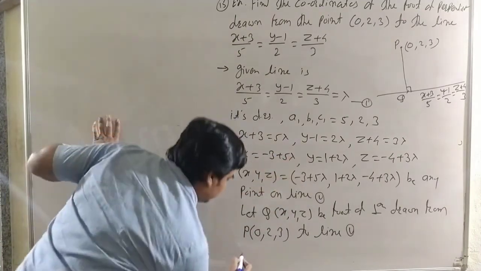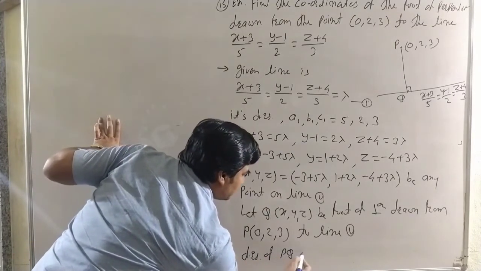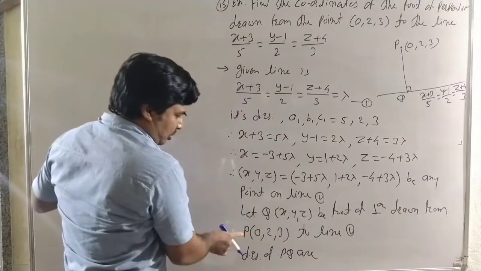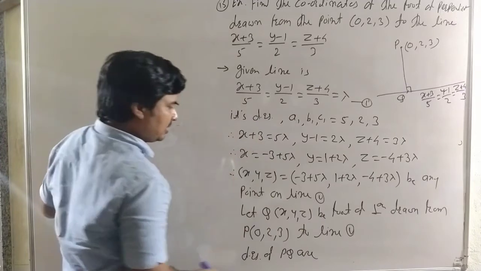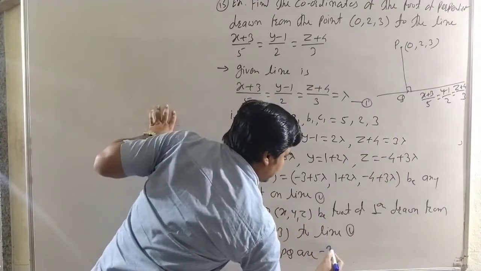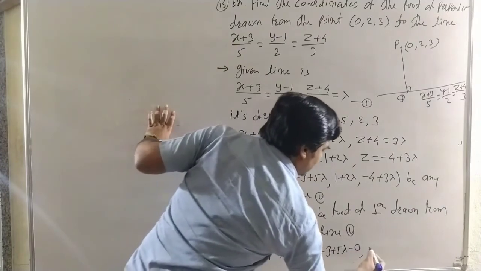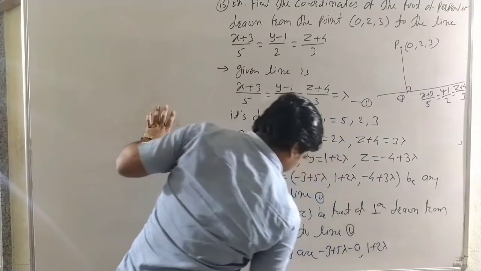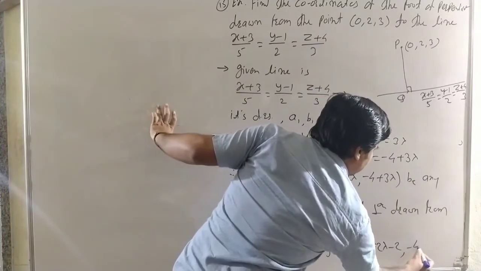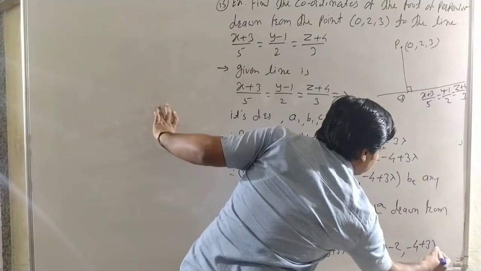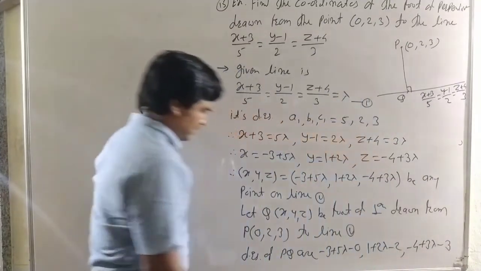Therefore the direction ratios of PQ are, with the coordinates of P and of Q, x2 - x1, y2 - y1 and z2 - z1. That is (-3 + 5 lambda - 0), (1 + 2 lambda - 2), and (-4 + 3 lambda - 3) are the direction ratios of PQ.